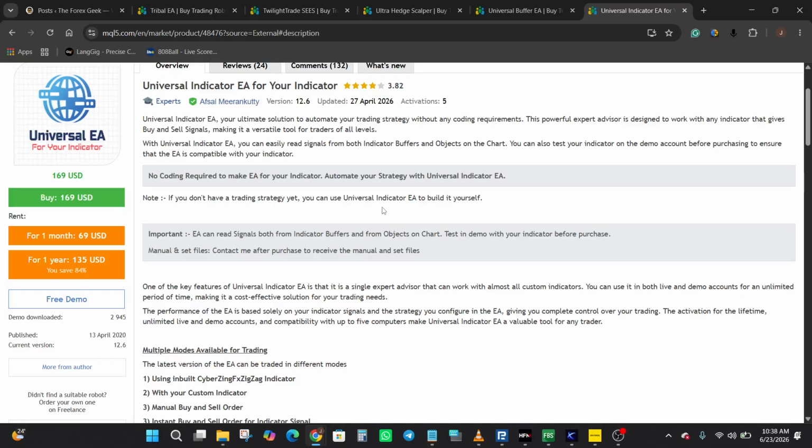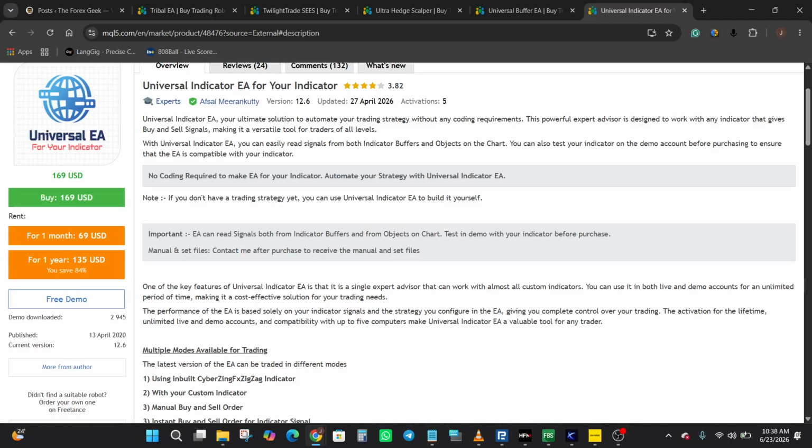Now, looking at the pricing section, the EA is currently available for purchase at 169 US dollars, with rental options starting at 69 US dollars per month and 135 US dollars for 1 year.